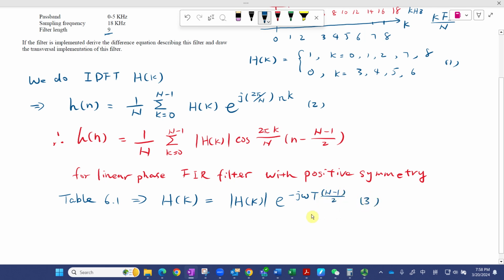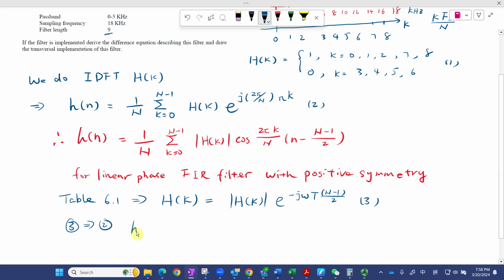Okay, that's equation number 3. For those conditions, like linear phase and positive symmetry, we get H[k] equal to this. So we're gonna plug equation number 3 into number 2.